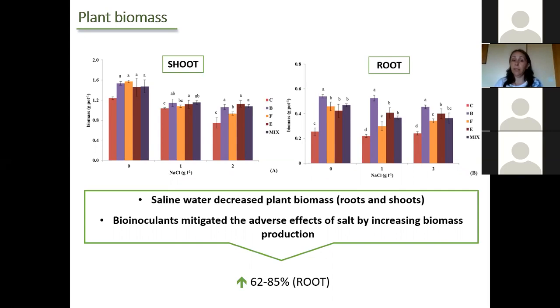And we can see that the saline water decreased plant biomass, but bioinoculants mitigated these adverse effects by increasing biomass production. And this biomass production was really high in the roots. On average, we have increases with bioinoculation between 62 and 85%. So huge increases with the application of bioinoculants.